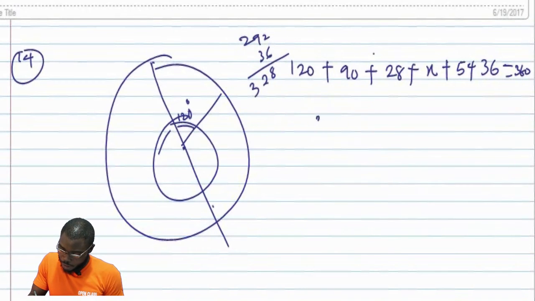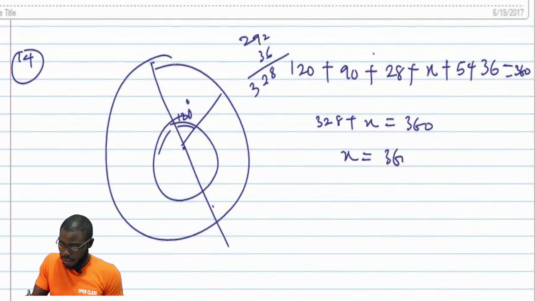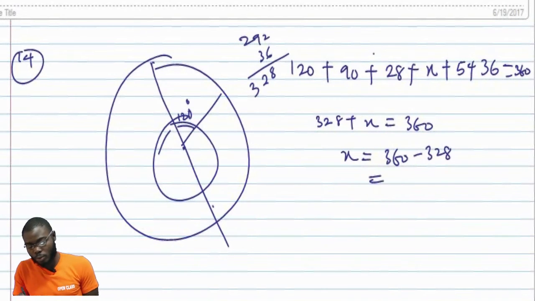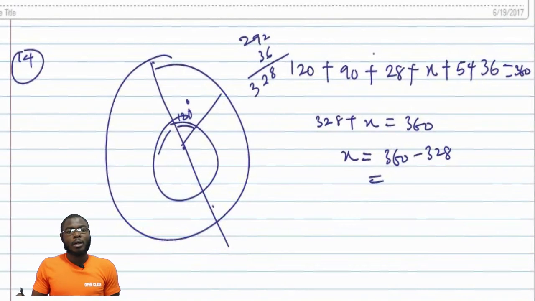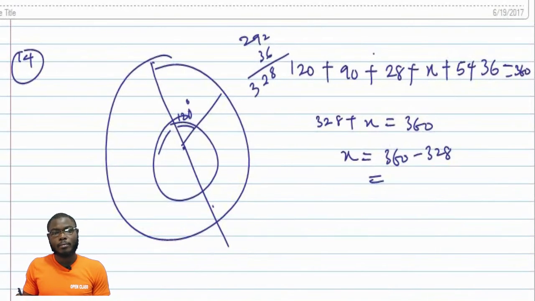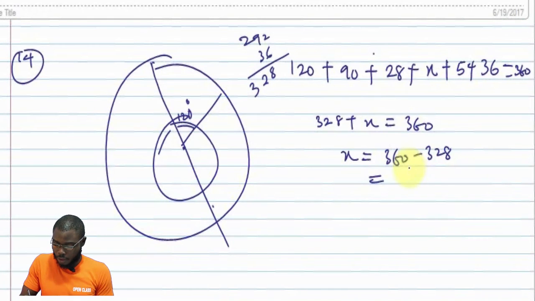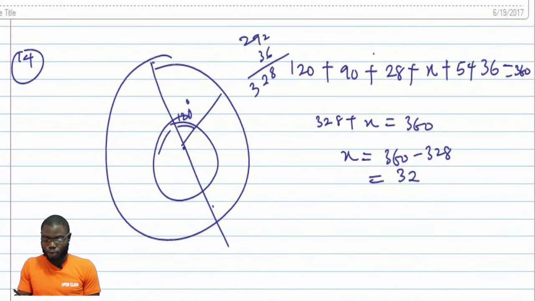So you have 328 plus x equals 360 degrees. So your x equals 360 minus 328. That is equal to 32.